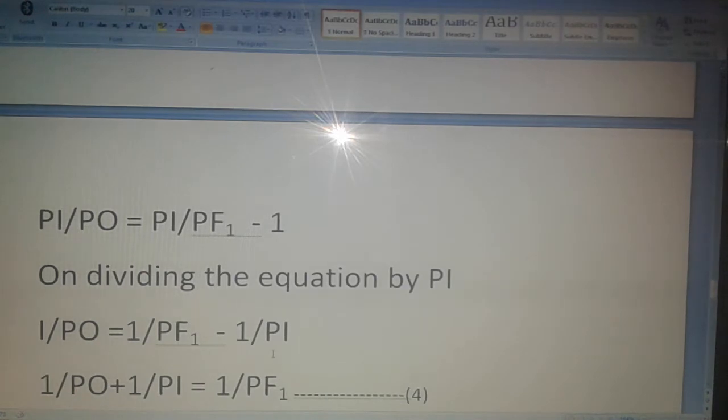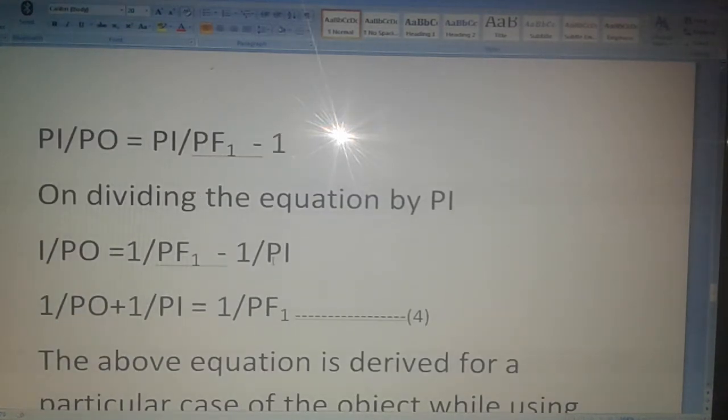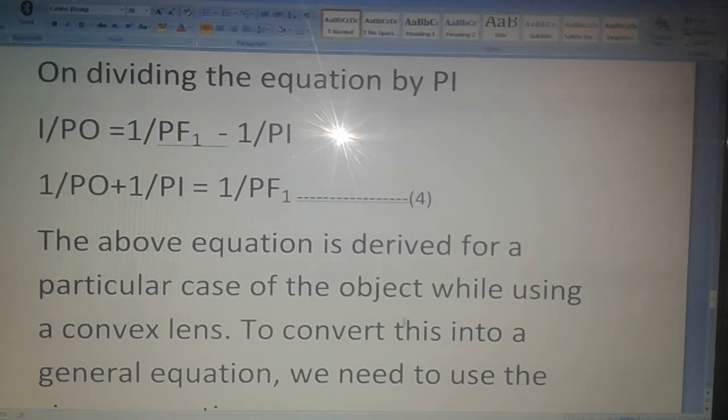If we take this minus 1 by PI to the other side, it will become plus 1 by PI. Therefore, the equation we get is 1 by PO plus 1 by PI is equal to 1 by PF1. This is equation 4. This equation is derived for a particular case of the object while using a convex lens.